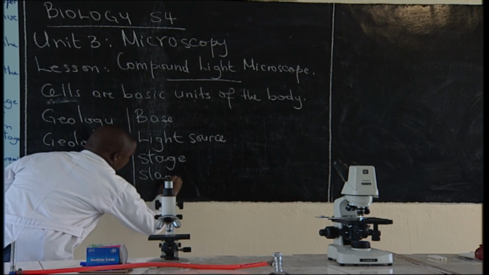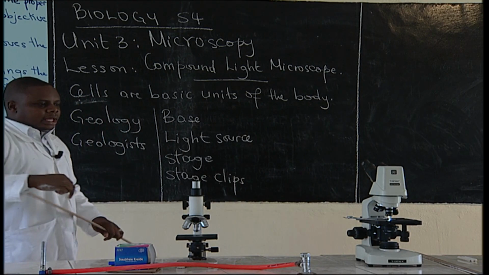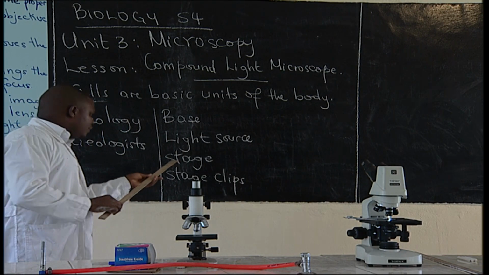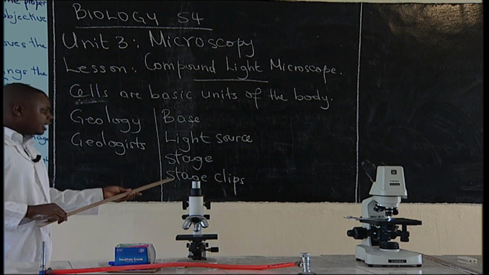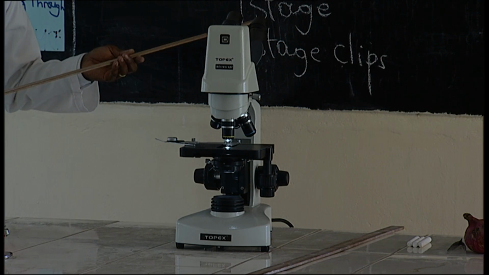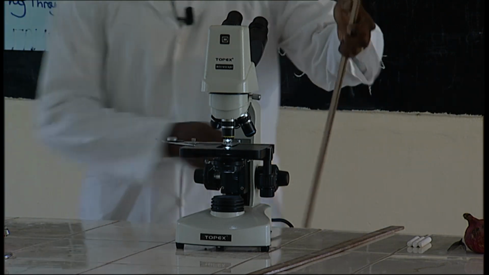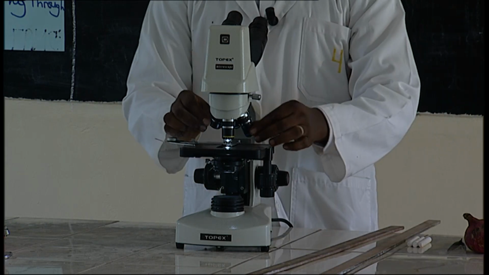As you can see, we have the stage. We also have stage clips. These stage clips are on top of the stage. Then from there, we have what we call objective lens.